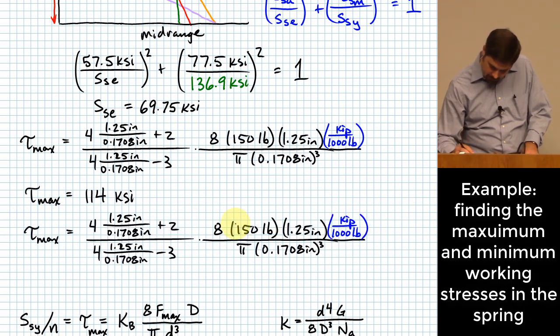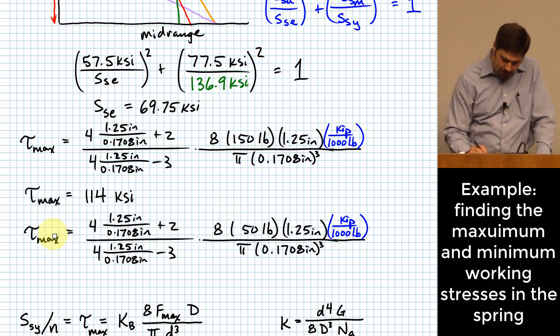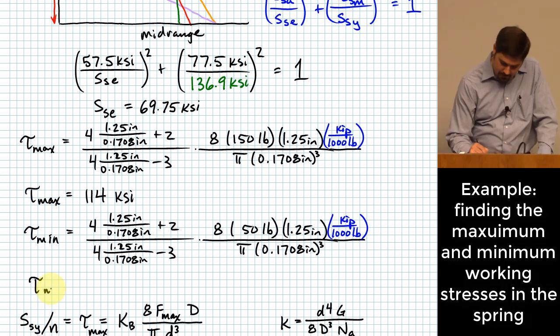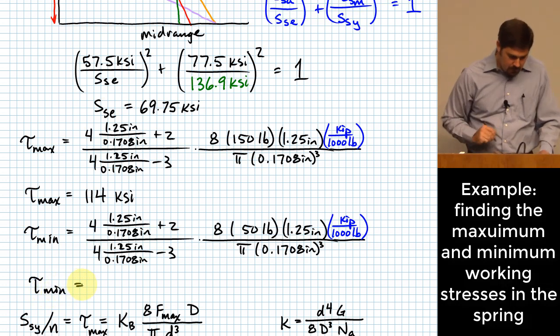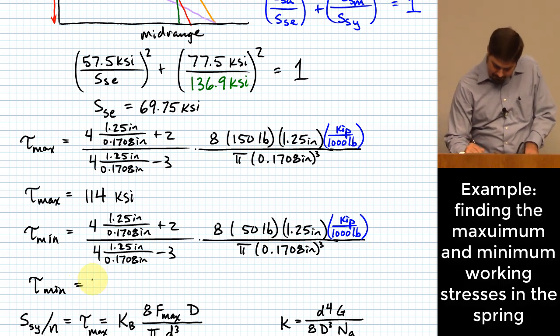Okay, all I do is I come in here and make that 50 pounds instead of 150 pounds. And that creates my minimum stress. All right. And I've got that at 38 KSI.